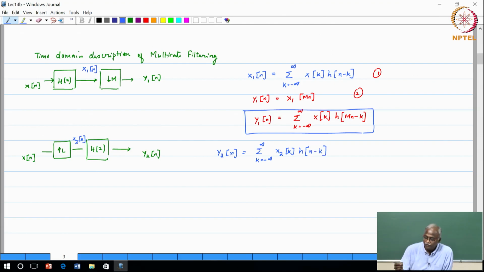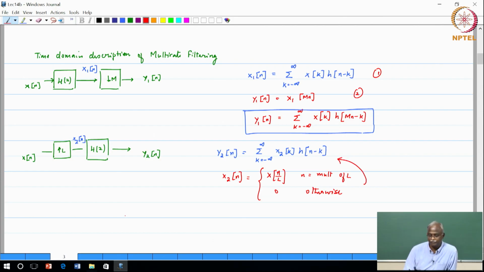Now, write down the input output relationship for the upsampler. x2 of n is equal to x of n by L if n is a multiple of L, and equal to 0 otherwise. Now let me just impose this condition on the previous equation.